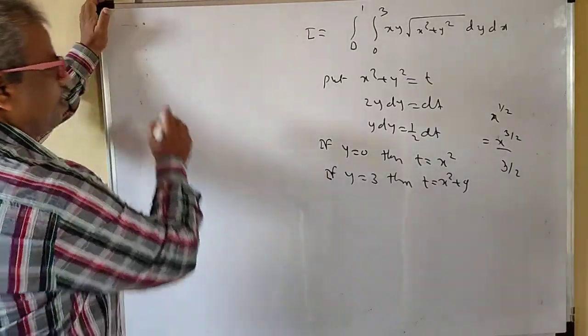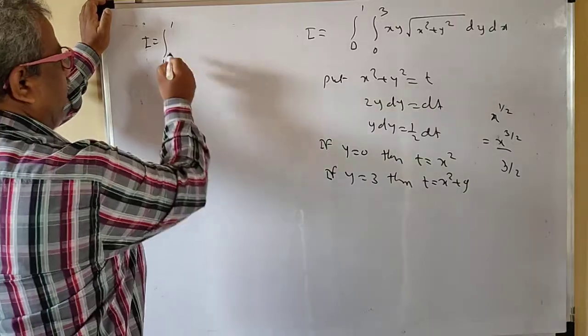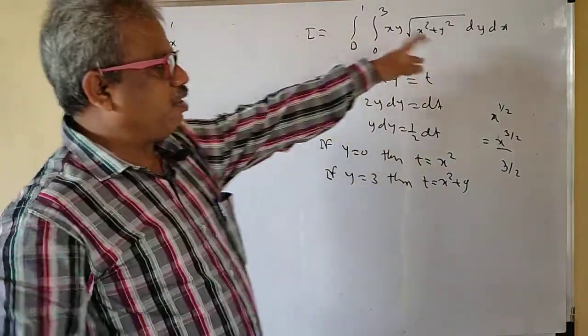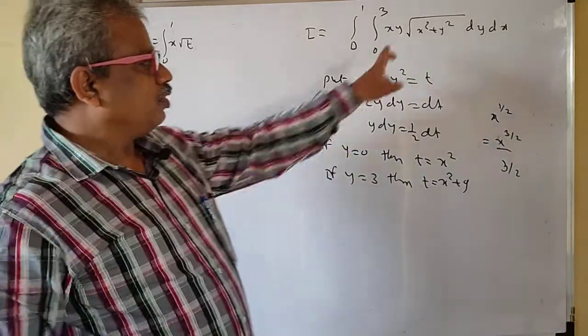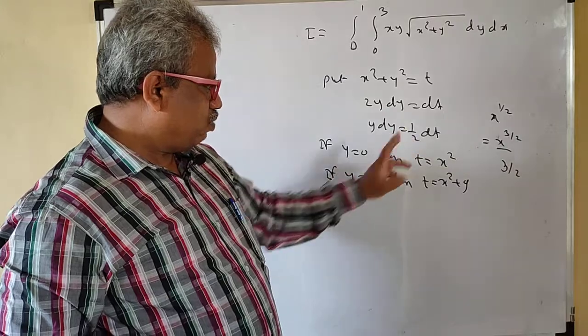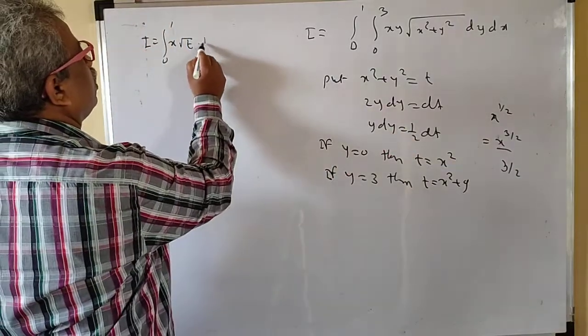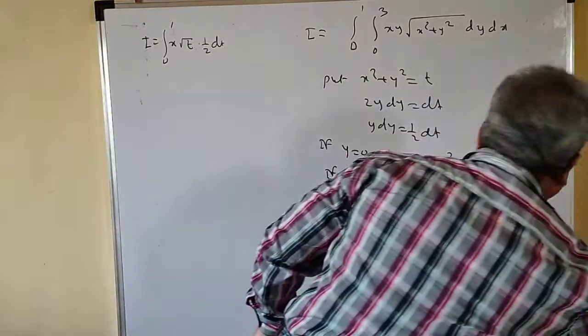No problem. So now this I is equal to integral 0 to 1. So x will be as it is. Your y dy will be there. So x root t now. This is root t, because x square plus y square is t. Now y dy is 1/2 dt. So into 1/2 dt. Oh, I have to put the limit here. So I have to put the limit.